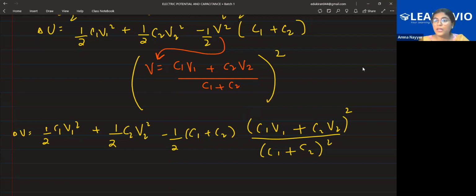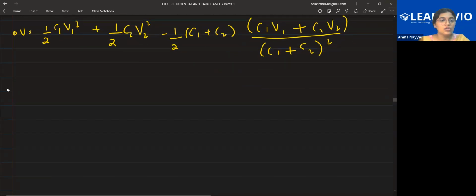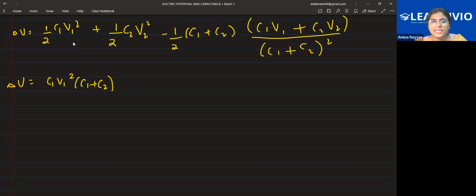Now we can open up this bracket. So the change in energy will be C1V1 square. See, LCM will be 2 into C1 plus C2.